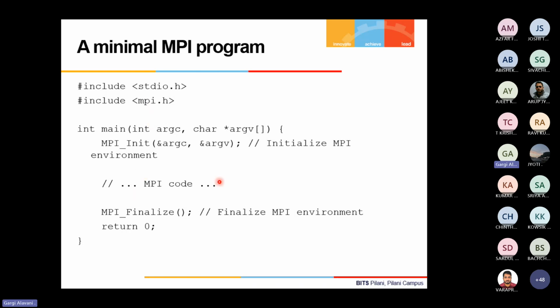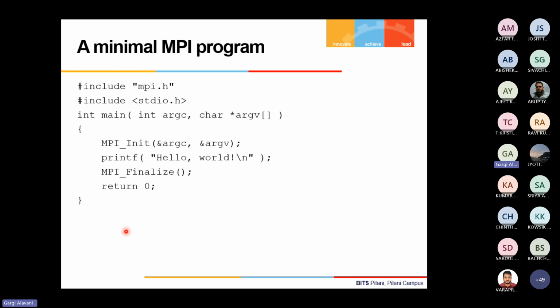Then there is the MPI code, whatever code you write: create a number of processes, send, receive messages, whatever. And then you have the function MPI_Finalize, which finalizes the MPI environment. And then you return 0. So this is the simple minimal MPI program where you initialize the environment and finalize MPI.